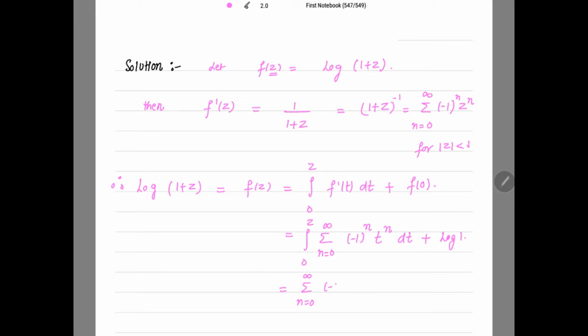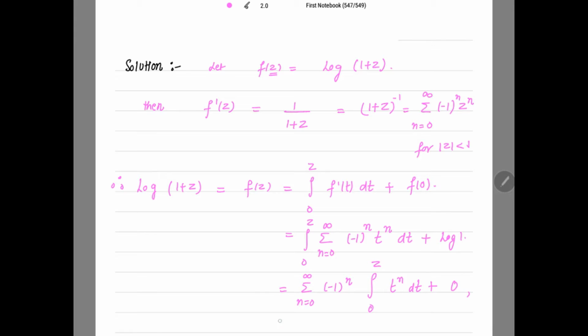Why am I taking this summation outside? What is the reason for that? Log of 1 is 0, yes. Why do I take the summation outside? Because the convergence is uniform. If the series is uniformly convergent, then only we can take our summation outside, right?